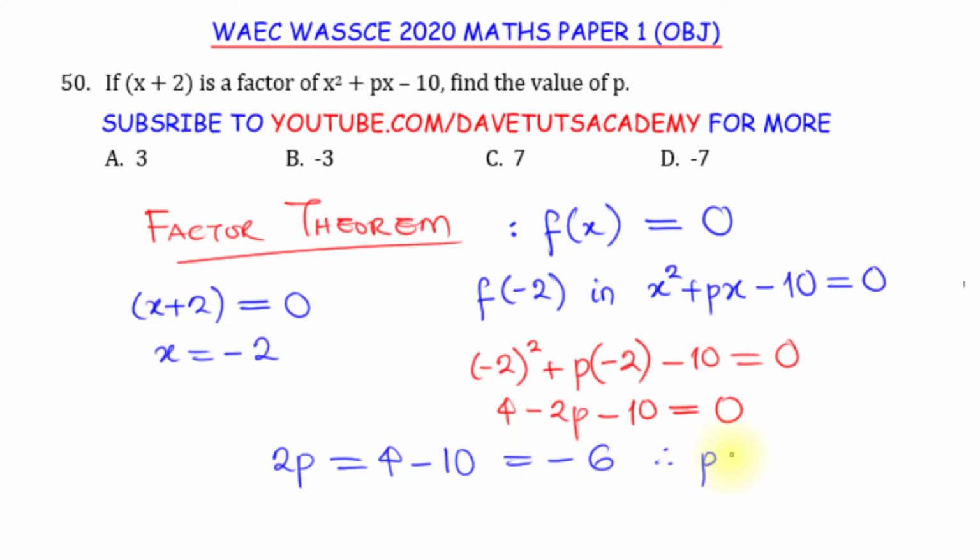Therefore, p is minus 6 over 2, and that will be minus 3. Looking at the options, this is option B, minus 3, and that's how we can use the factor theorem to solve questions like this whenever we come across them.